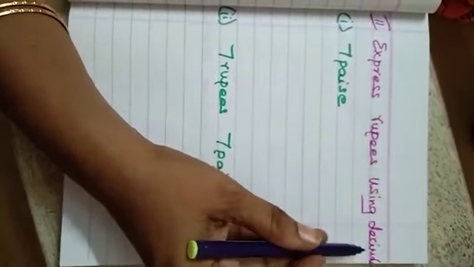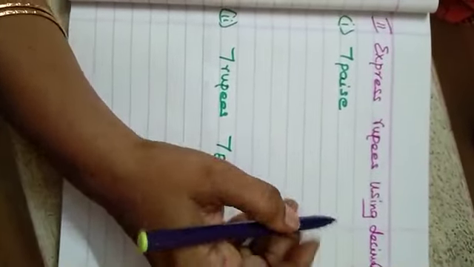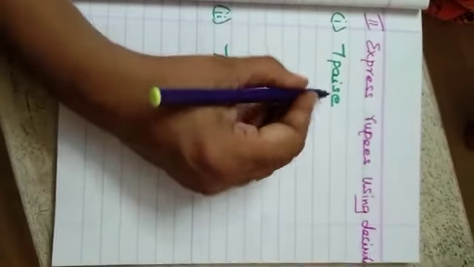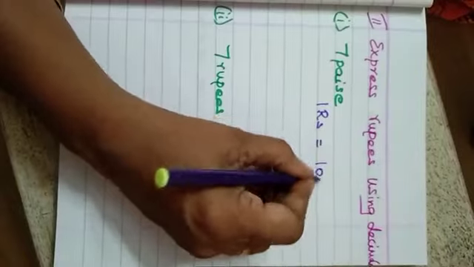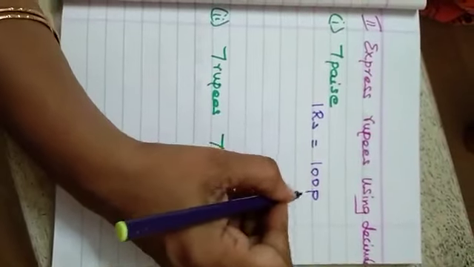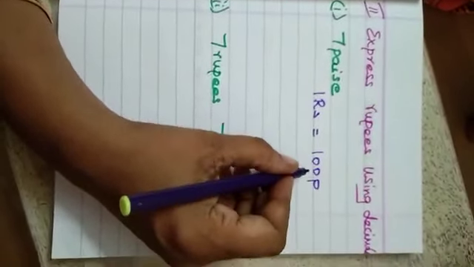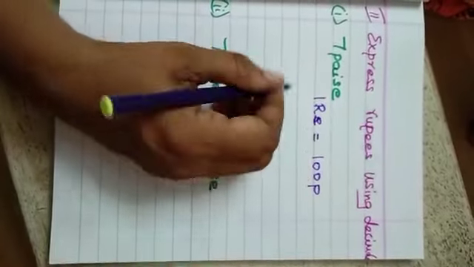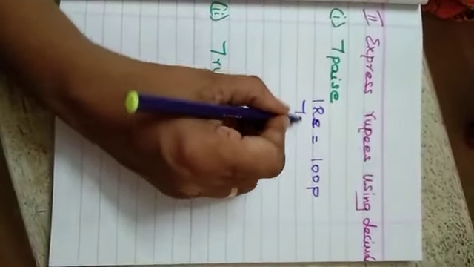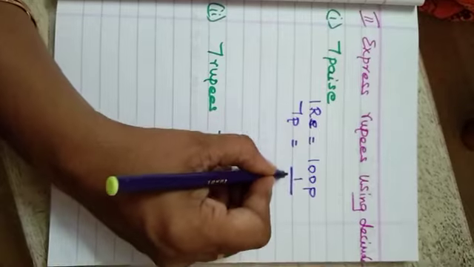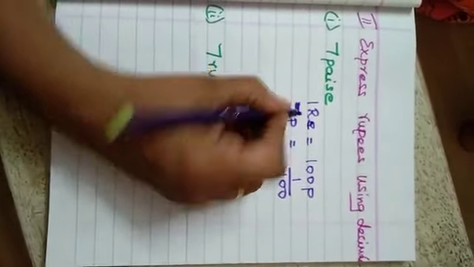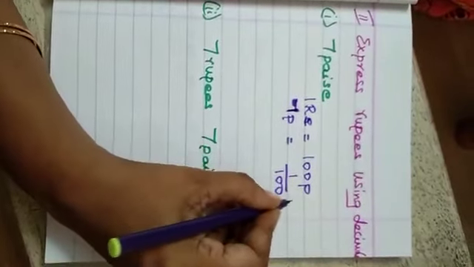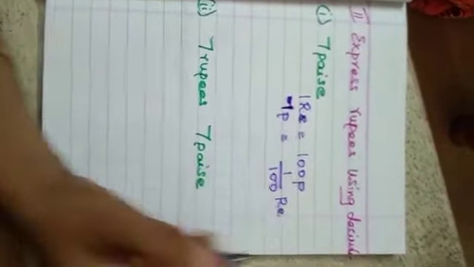Express rupees using decimals. The first question is 7 paise. All of us know, 1 rupee has got how many paise? 100 paise. 1 rupee is equal to 100 paise. It is not 7, 1 paise is equal to 1 by 100 rupees.